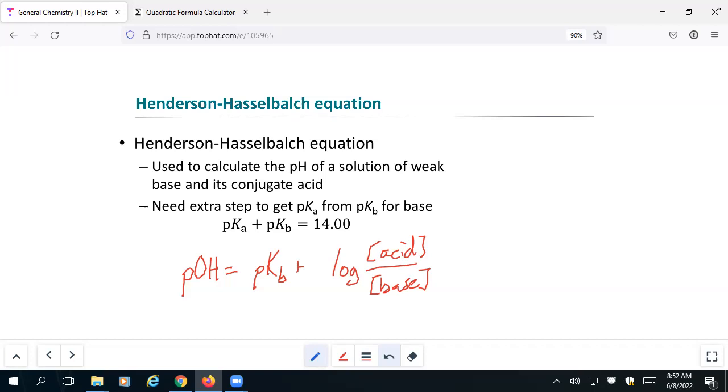If you're dealing with those systems, you're going to be given a Kb value. And so, like I said, your options there are either to turn the Kb into a Ka, which we know how to do: divide that number into 1 times 10 to the negative 14th. Or you can use this modified version of the Henderson-Hasselbalch equation.